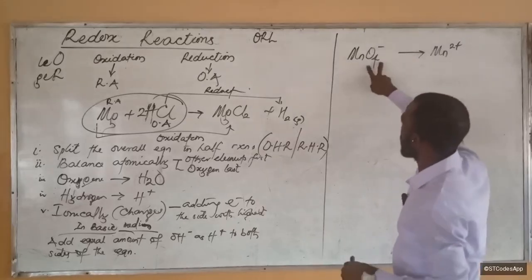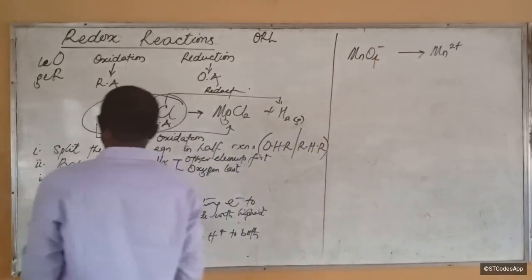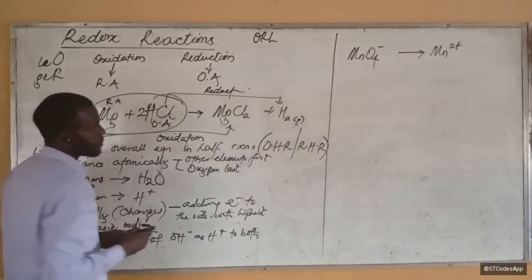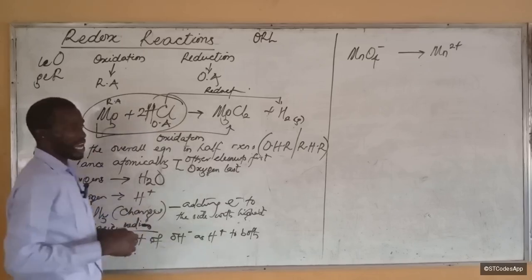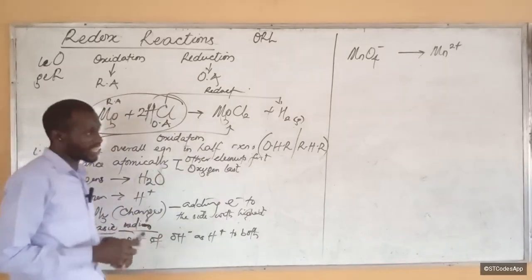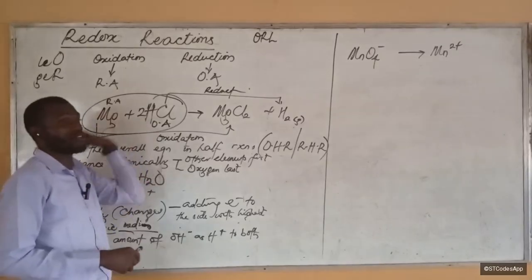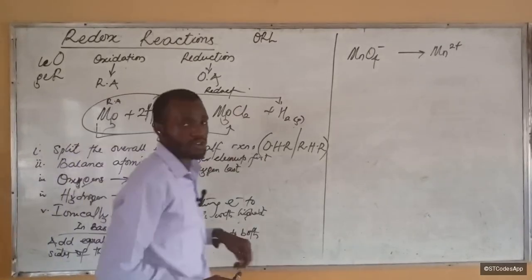How many oxygens do I have here? 4 oxygen. Now, to balance the oxygens, I will use water. I cannot go and add oxygen because the reaction is taking place inside water. So how much water do I need to balance this?